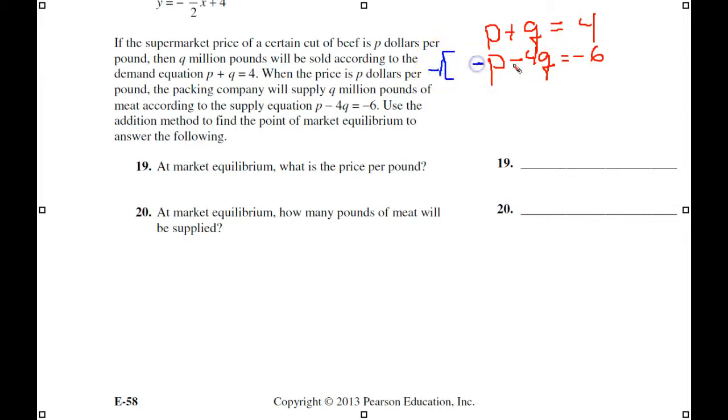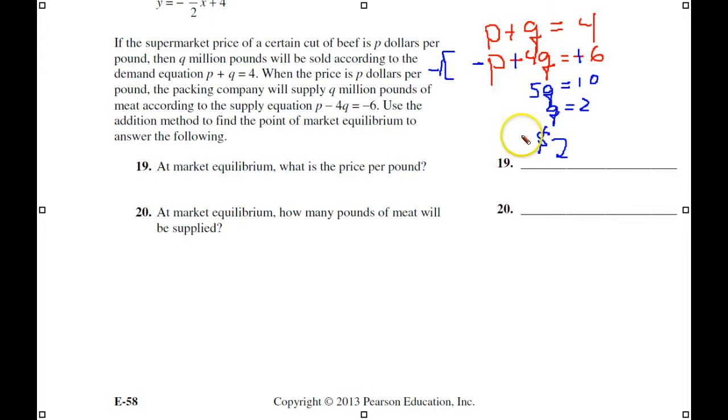That would make this a negative, this a positive, and this a positive. I now get 5q equals 10. So q equals 2, which you may recall from this is $2.